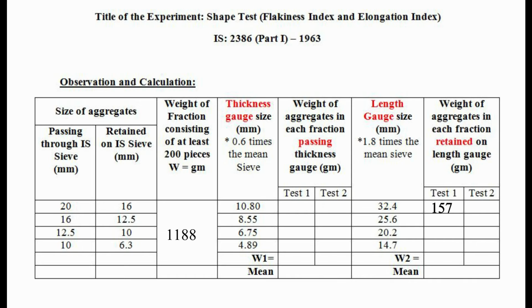Slot size 16 mm and 12.5 mm is 268.5 gram. Slot size 12.5 mm and 10 mm, the weight of fraction is 98 gram. Slot size 10 mm and 6.3 mm, the weight of fraction is 20.5 gram.